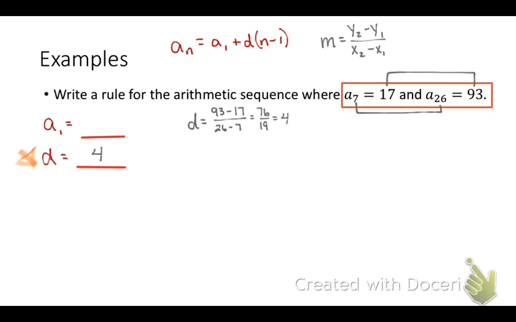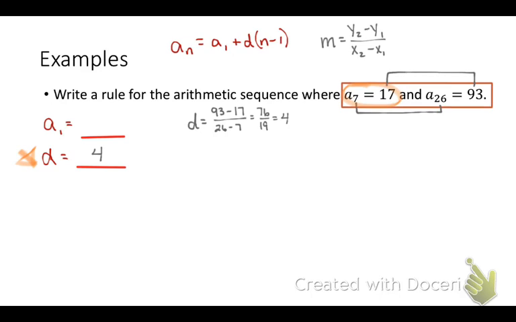So then if I use my formula, does it matter which number I pick? No. What I would suggest, and again, it's completely up to you, is to pick the one with the smaller numbers, maybe the ones without the negative numbers, depending on what you have. You can use 93 and 26, that's fine.